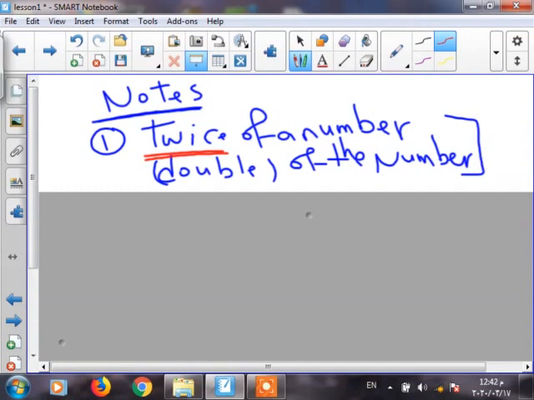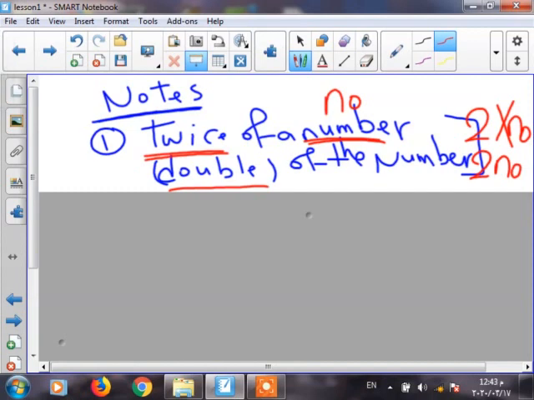Twice means 2 times a number, any number, like x, like y, like z. You get 2 times the number, it will be 2 number. I cancel the times between them. So number 1, what is the meaning of twice? 2 times the number.